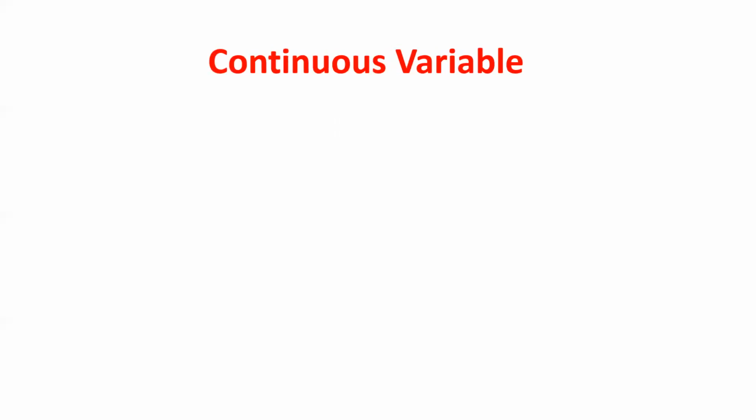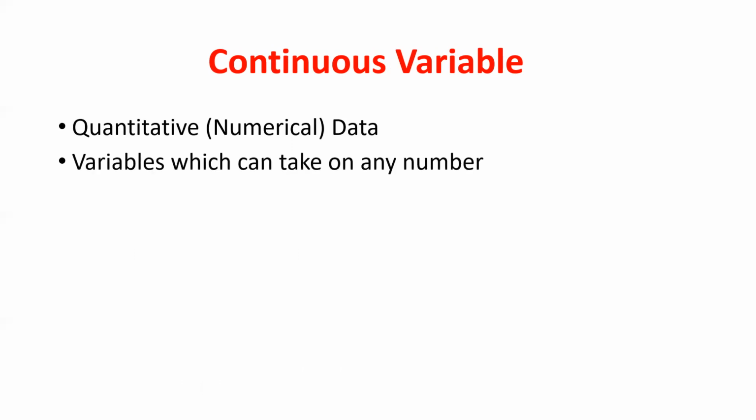The other type of quantitative variable we have, so it's numerical, is going to be continuous. A continuous variable just means we can see this variable be any number. If it's a truly continuous variable, how many possible responses could I see? I could see any number. The number of possible responses would be infinite.